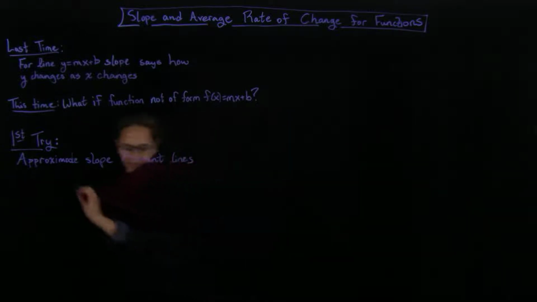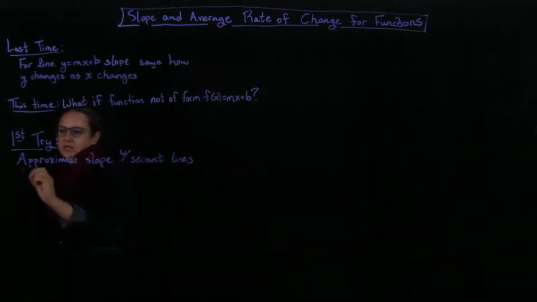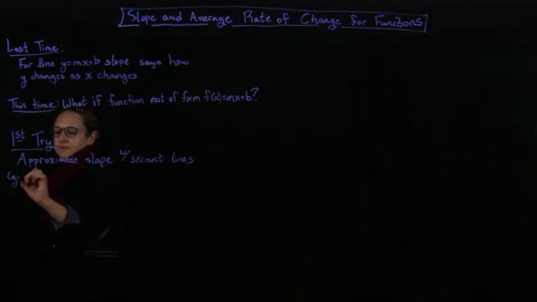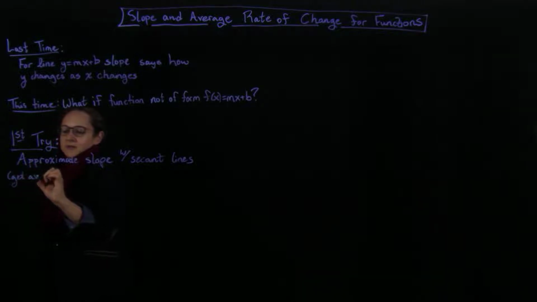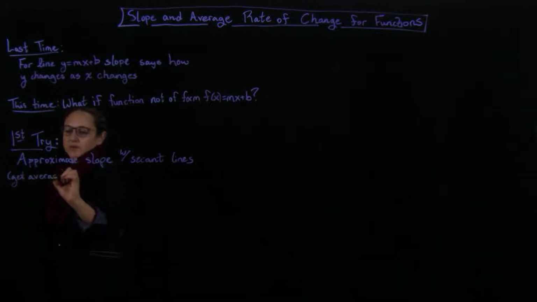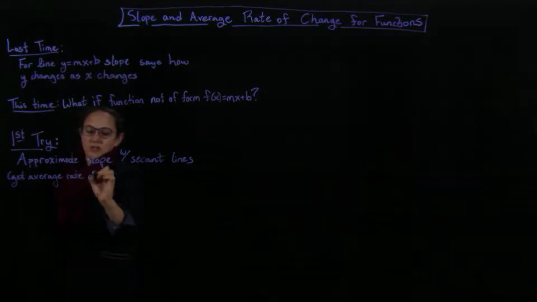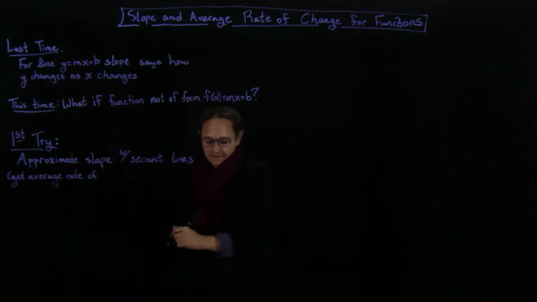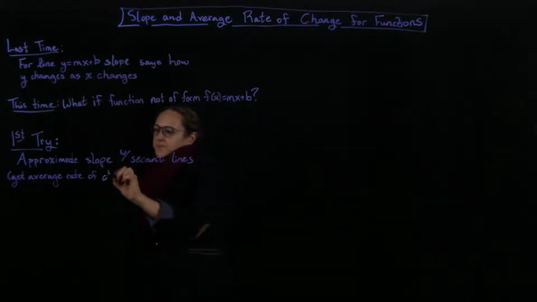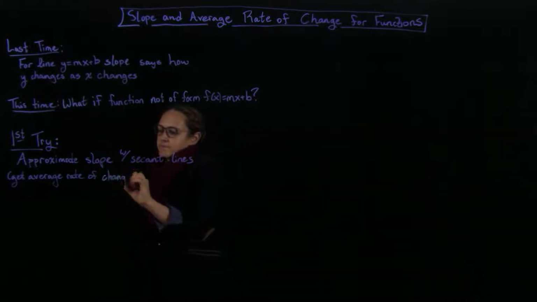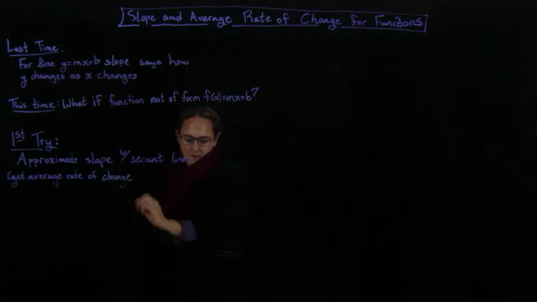What we're going to get is the average rate of change of the output function over the interval.